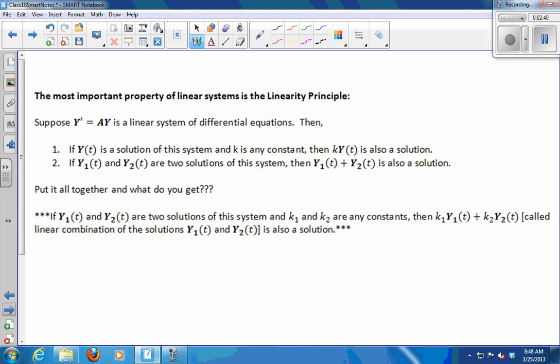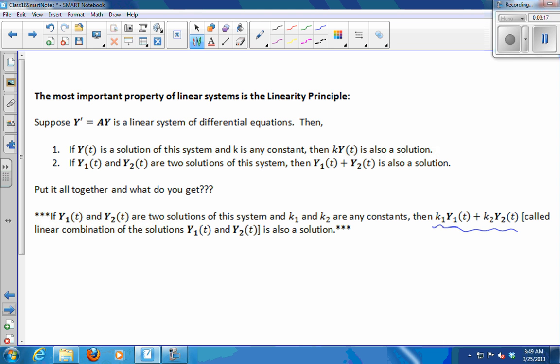Okay. So these 2 statements combine into one statement: if you know 2 solutions and you have 2 random constants, then k1 times y1 plus k2 times y2 is also a solution. So that's called a linear combination. When you take a multiple of 2 things and add them together, that's called a linear combination of the 2 solutions.